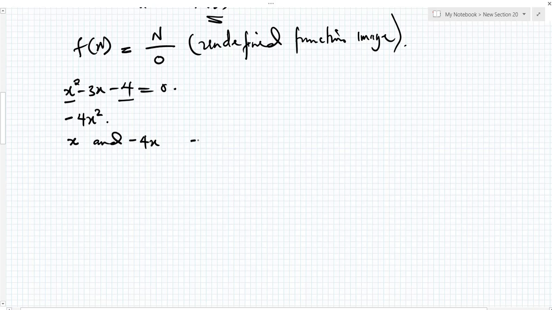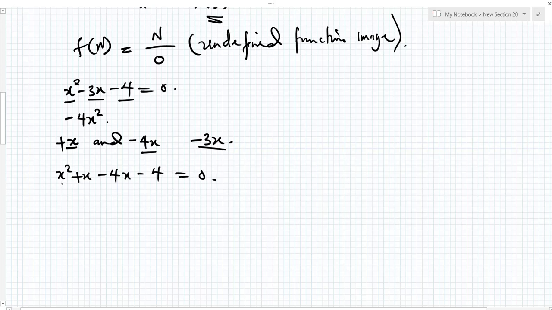So if you sum them together, you have minus 3x. This is the factor we are looking for. So I will use this x and minus 4x to replace the middle term. So now I will say x squared plus x minus 4x minus 4 is equal to 0.